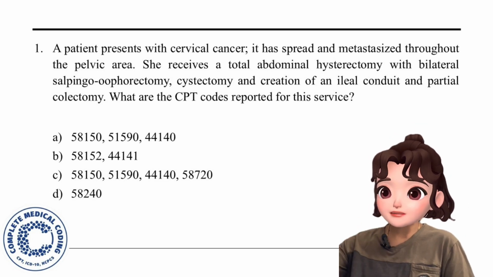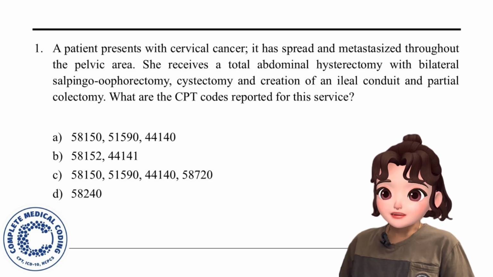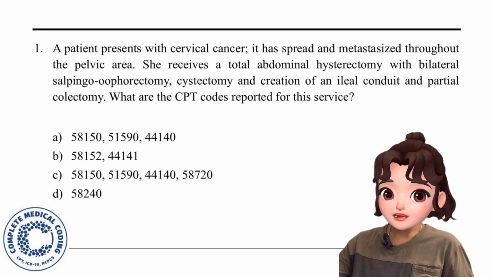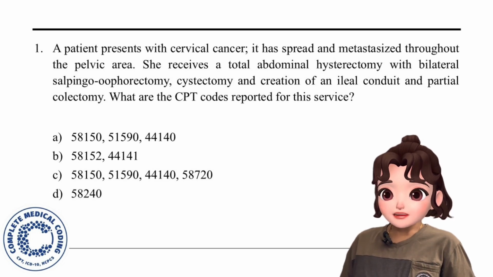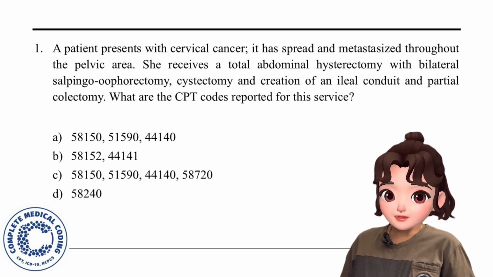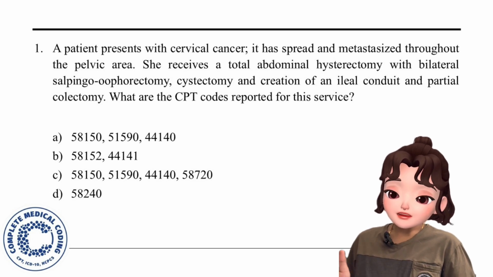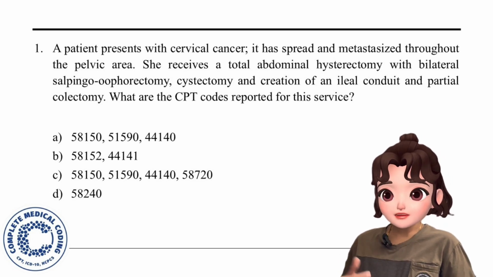Yes, we have colectomy also. So those codes are already mentioned. Still, we will look into the other options as well, because sometimes there will be combination codes. Even though you got the correct CPT codes, you need to check the others also.